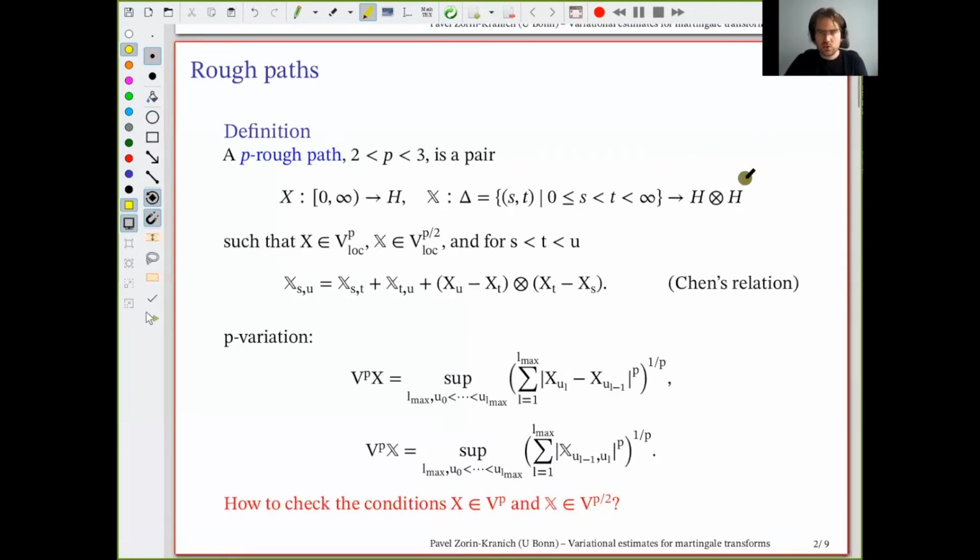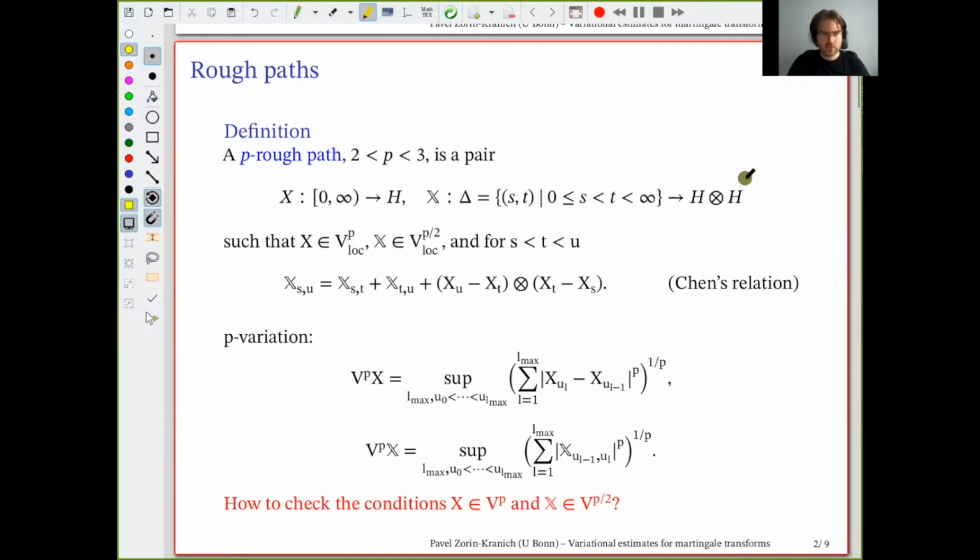So just to say what my formal setting is. I work with rough paths whose regularity I measure in p-variation. The variational exponent will be between 2 and 3.